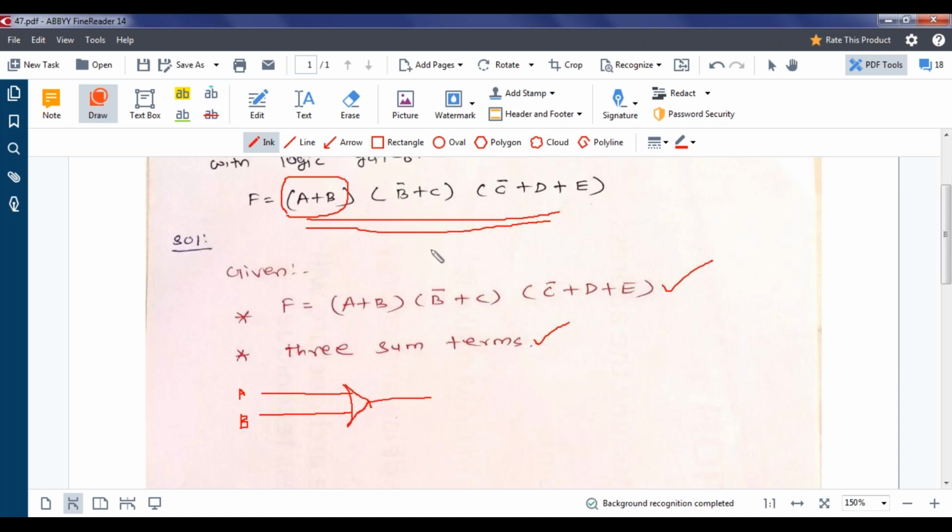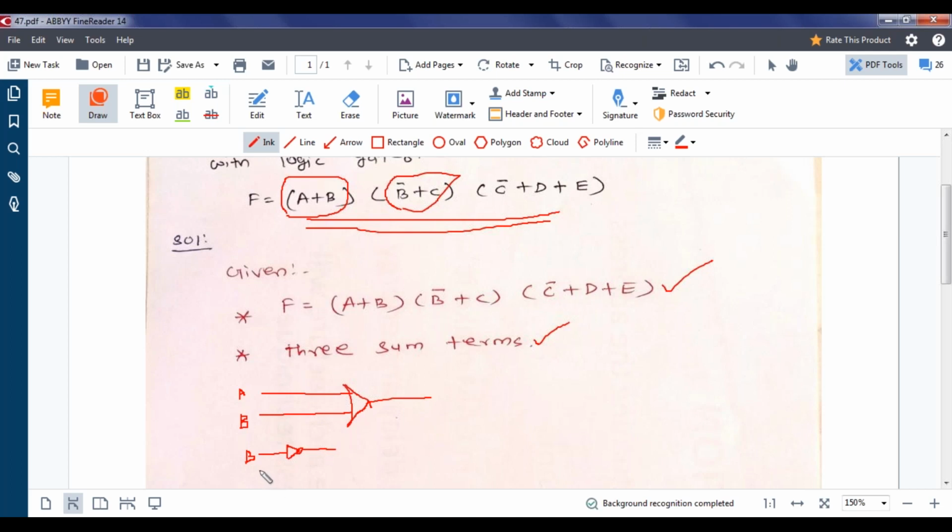Next, look at the next term. What is the next term? B bar plus C. So what should we do? B value first we give to the NOT gate. We want to give B value to the NOT gate, so the NOT gate will convert B as B bar. After that we want to give it to the OR gate.